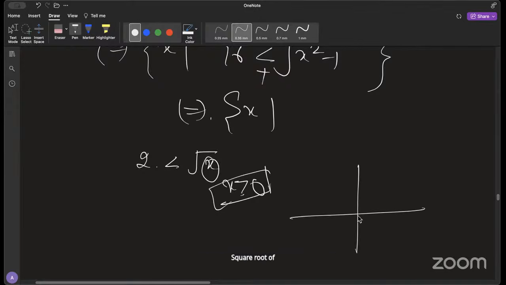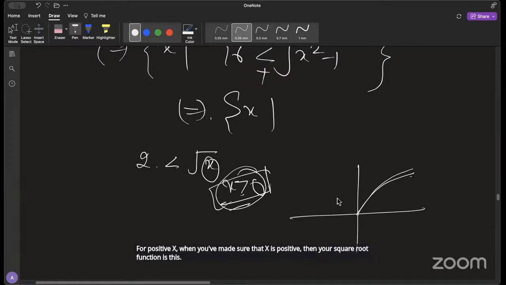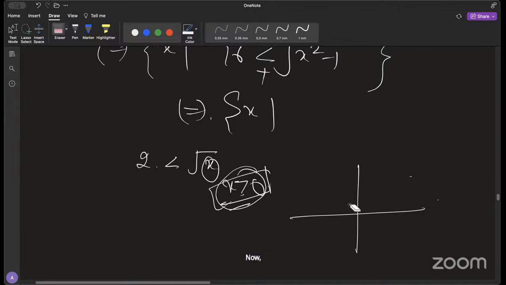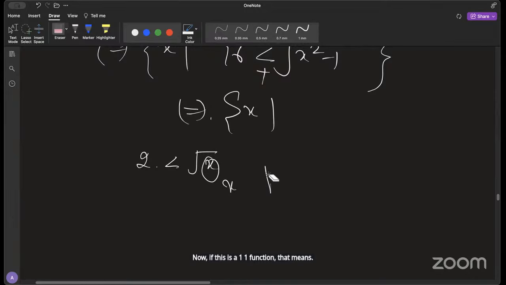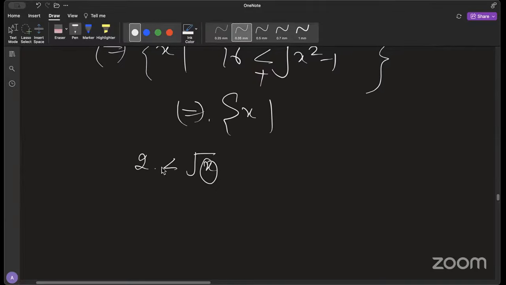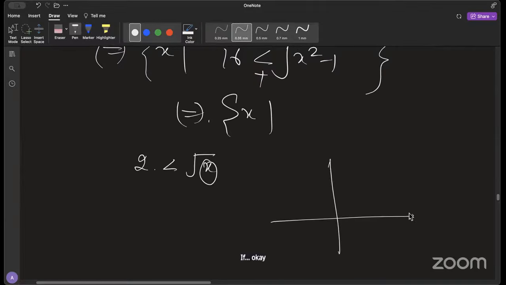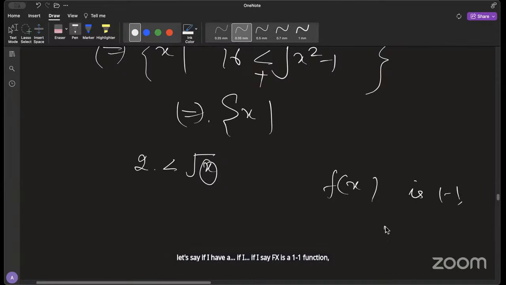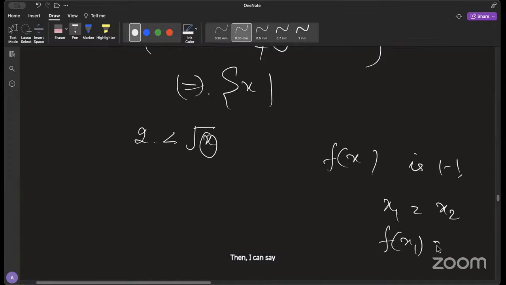The square root of x function is this. For positive x, when you have made sure that x is positive, your square root function is this. And this is a one-one function. Now, let's say f(x) is a one-one function, and I say x1 equals x2, then I can say that f(x1) is also equal to f(x2).